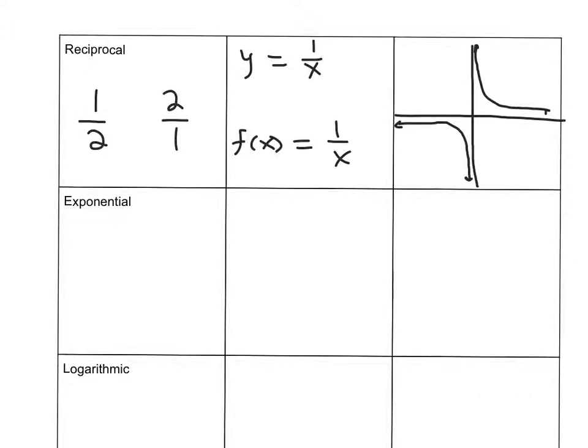And at 0, where you can't have 0, we have this kind of imaginary dividing line, which sometimes we'll write as a dashed line. This is called an asymptote. So this has a vertical asymptote, vertical because the line goes up and down versus left and right. It has a vertical asymptote at x equals 0. So that's going to kind of divide this graph into two parts.